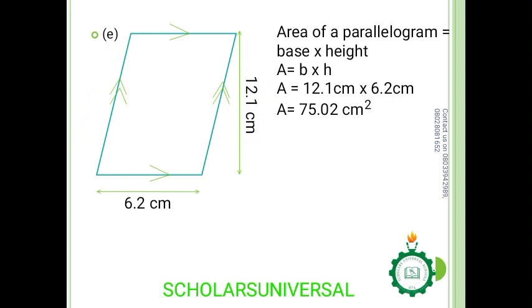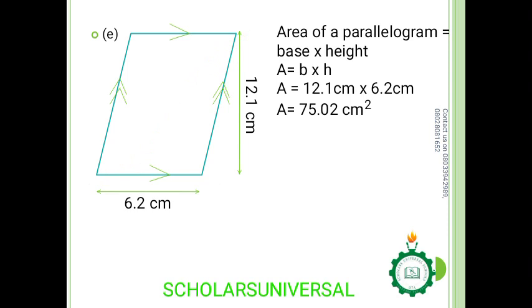In fact, you can use the formula of parallelogram to find that of rectangle, and to calculate for that of what? Triangle as well, because triangle is half of parallelogram. If you draw a diagonal line across like this or this, it gives you half of the parallelogram, and that is your triangle.